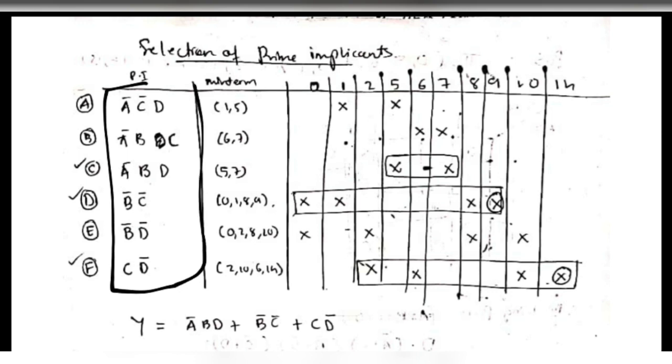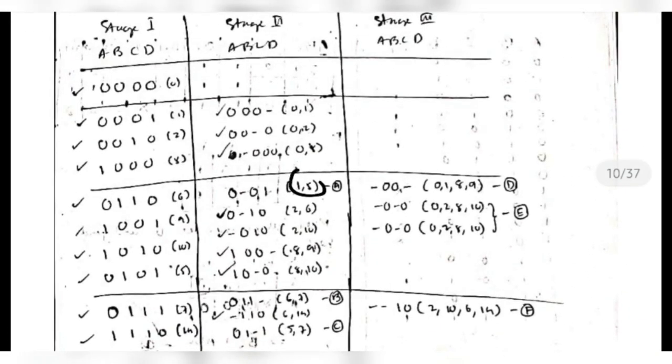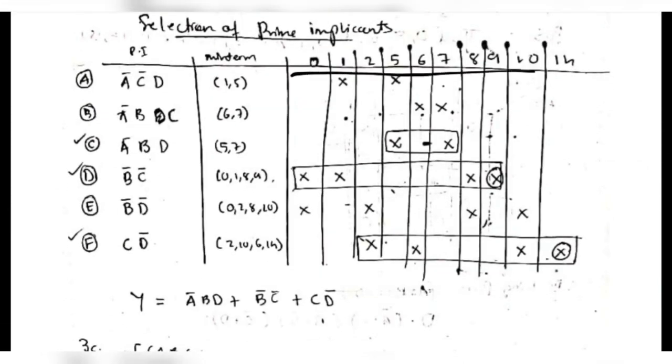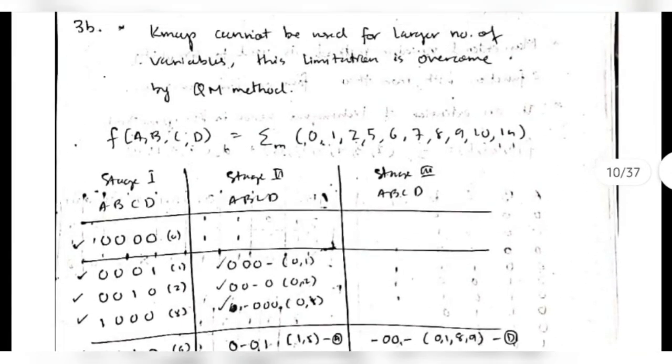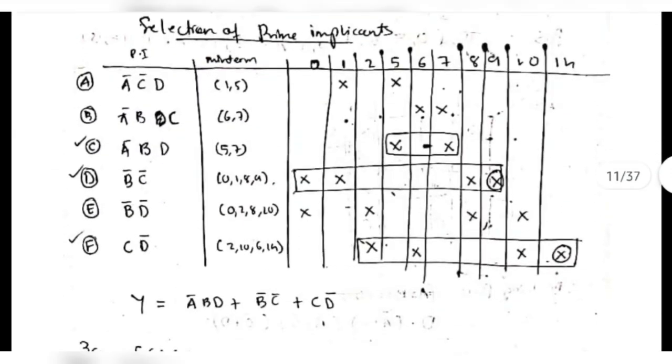We will write these terms, and for a dash c dash d you have 1 comma 5 from here. See, this is 1 comma 5, right, so you will write that here, and write all the minterms in the function which are given. After writing that, you have to mark x for those numbers which are present in the minterm.